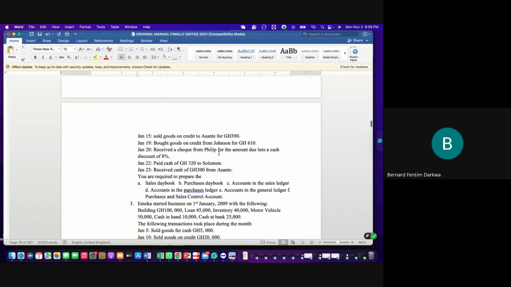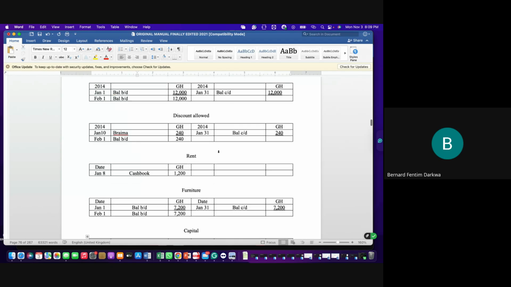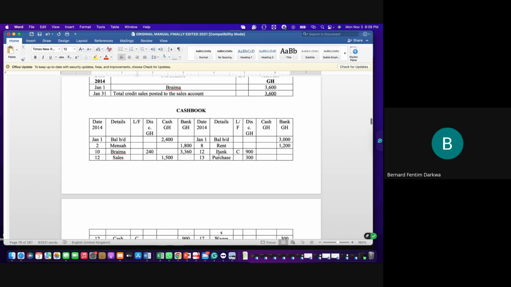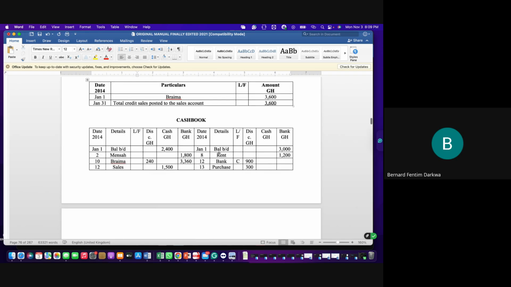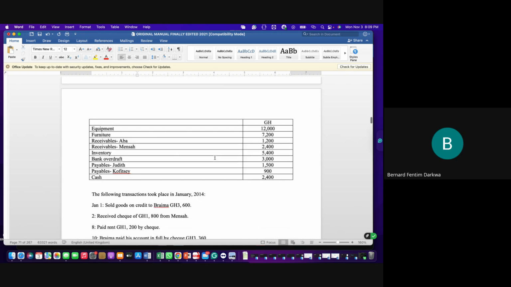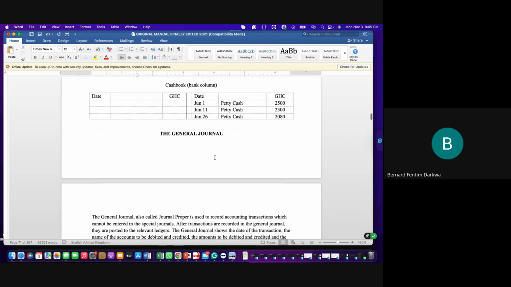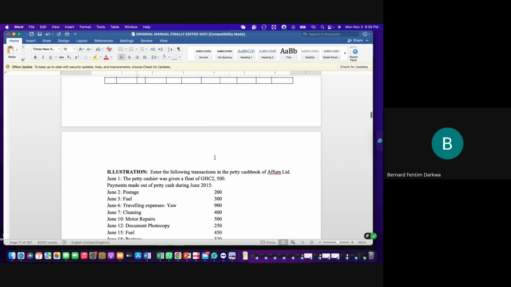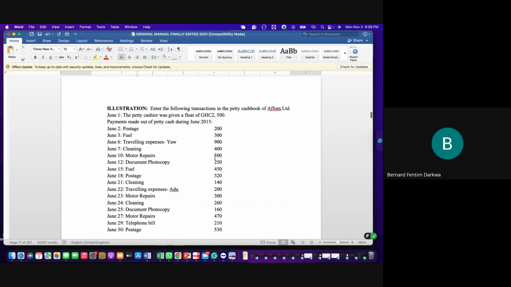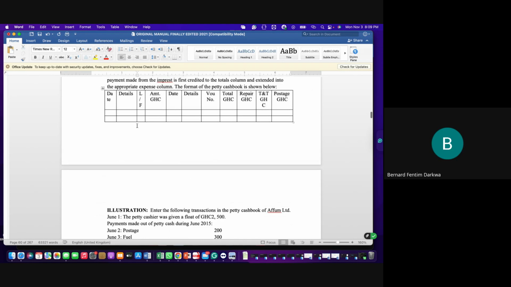Now, the person said I should go over the petty cash recordings. The petty cash looks similar to the main cash book, but the only difference is that for the petty cash, you create the individual expense items.